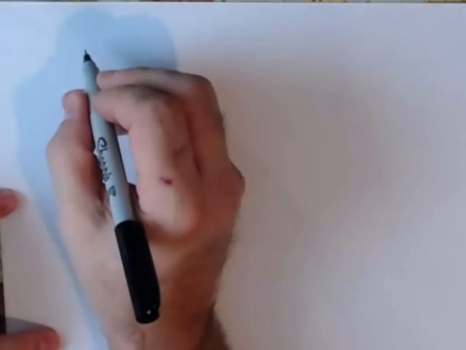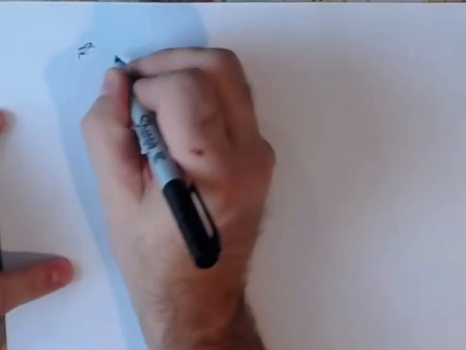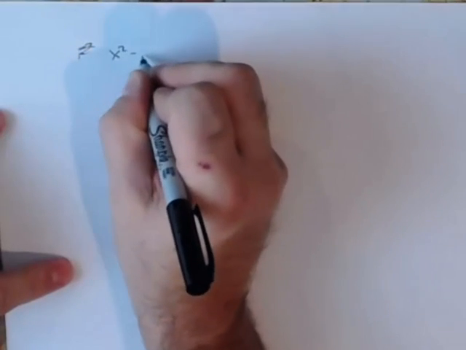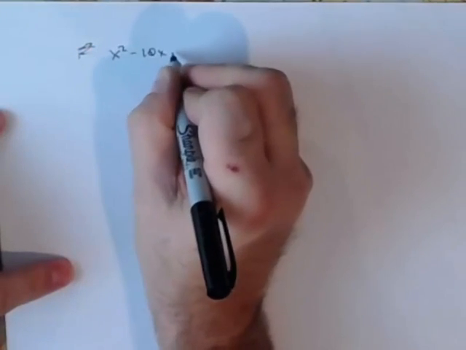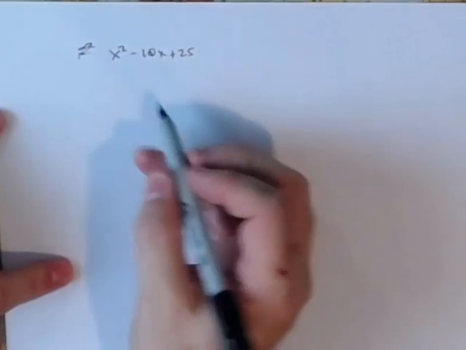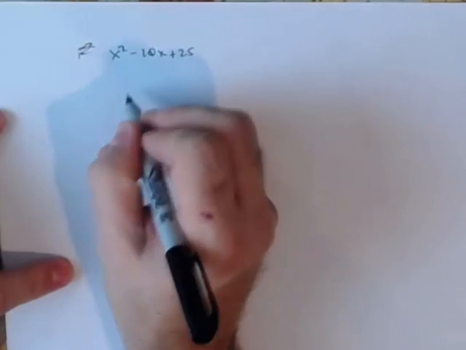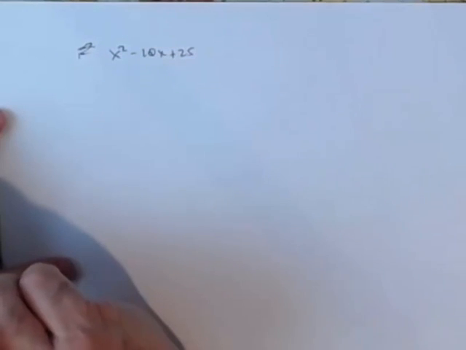Say we had, for example, the one we used in the lesson: x squared minus 10x plus 25. If we look at the first term, x squared, is x squared a perfect square?